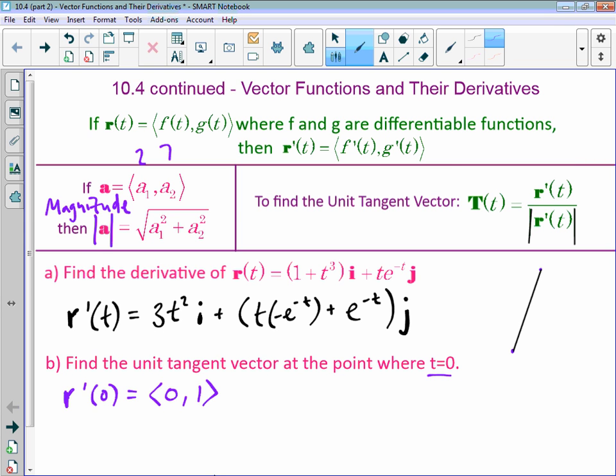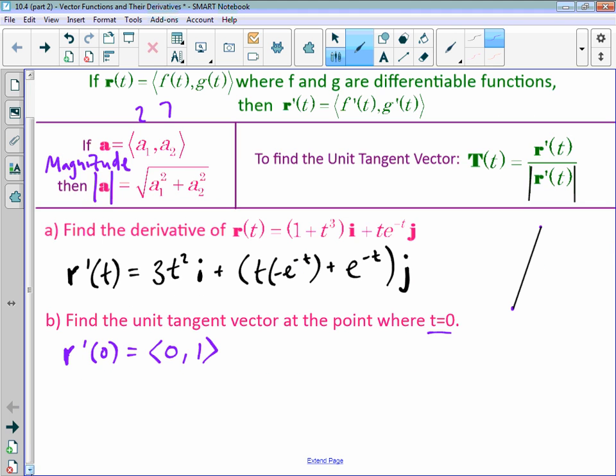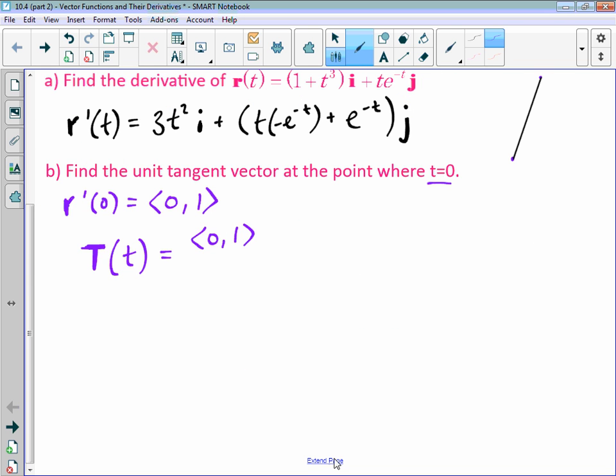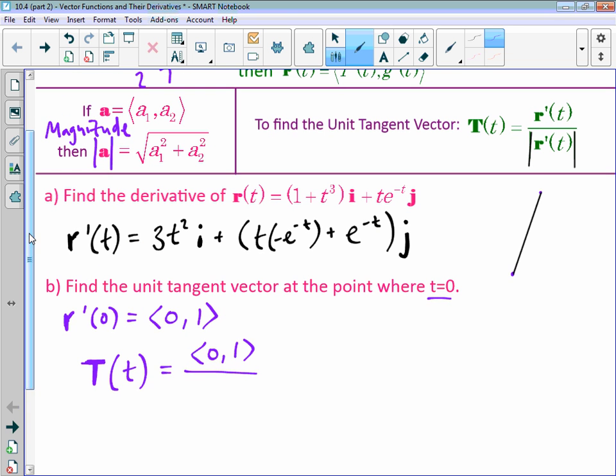Okay, so that's what goes in the numerator when I'm finding, I'm going to call it T of t. And it ends up being a vector, so that's why it's bolded here. So you've got the 0, comma 1 on top. And then on the bottom, you have to do the magnitude of that, right? So you're literally just taking this squared plus this squared and square rooting it.